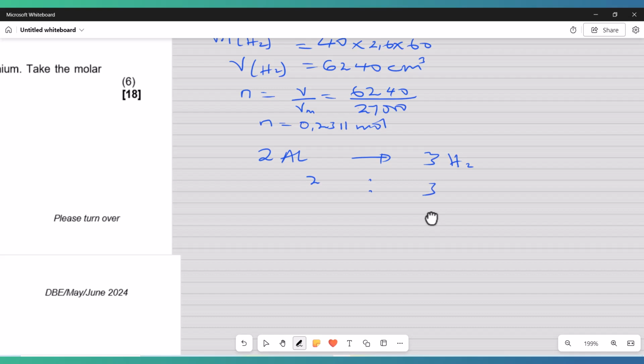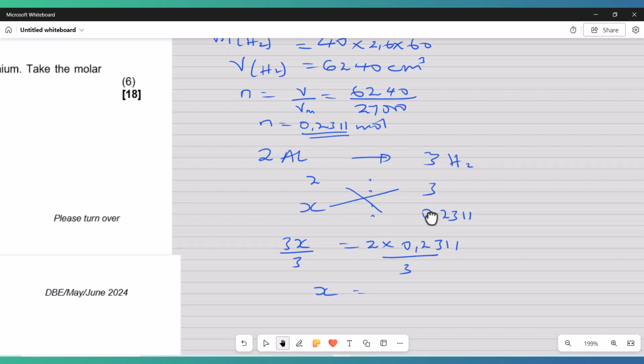But now I have the moles of hydrogen here, 0.2311, and I put x for the aluminium. Then we cross multiply: x times 3 gives us 3x, equals 2 times 0.2311.